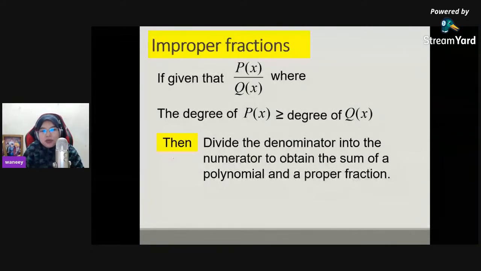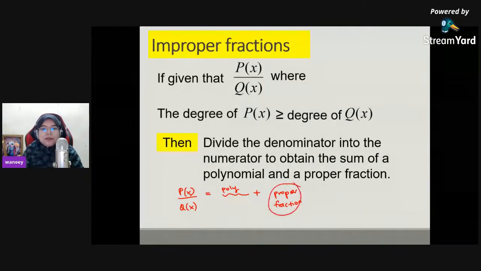So if let's say we have p(x) over q(x), we are going to get some polynomial over here plus with a proper fraction. So this is polynomial, this is a proper fraction. So the thing that we are going to do partial fraction is this one.